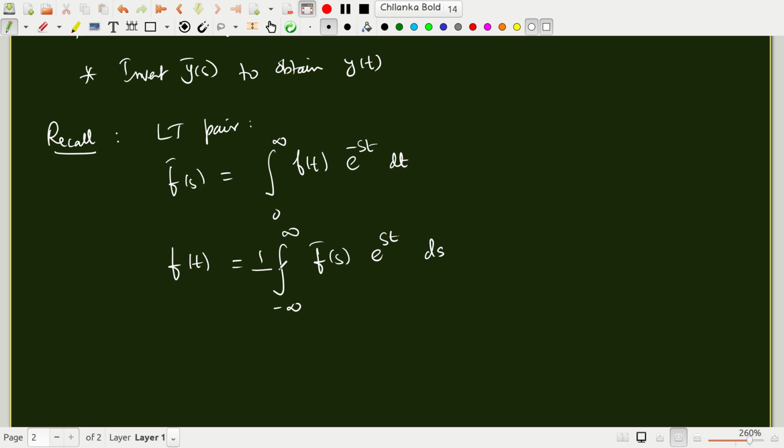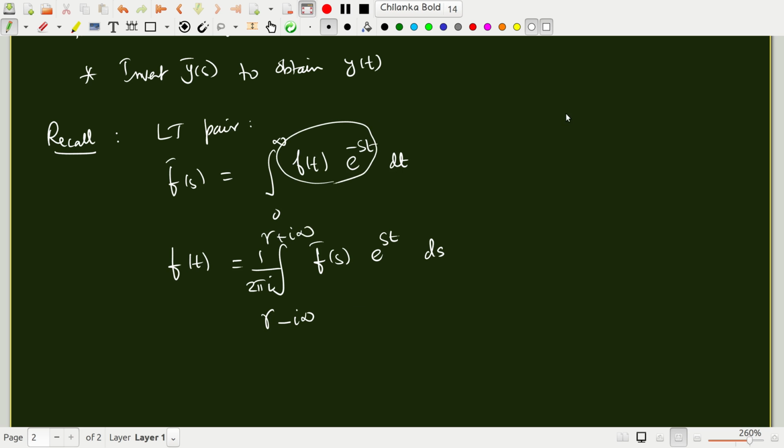Sorry, this is not minus infinity to infinity, this is gamma minus i infinity to gamma plus i infinity, where gamma is chosen such that this combination is a decaying function.